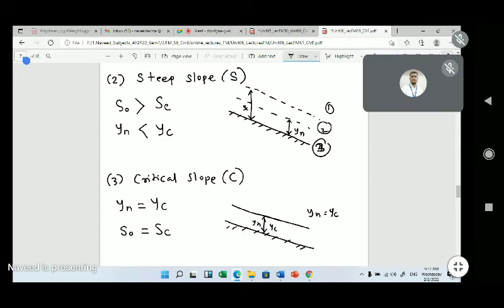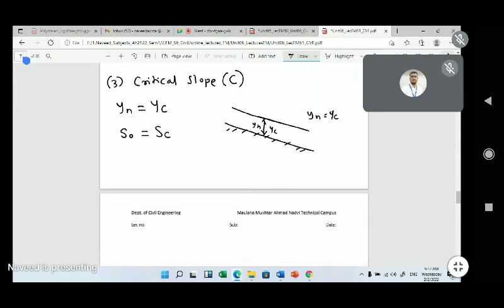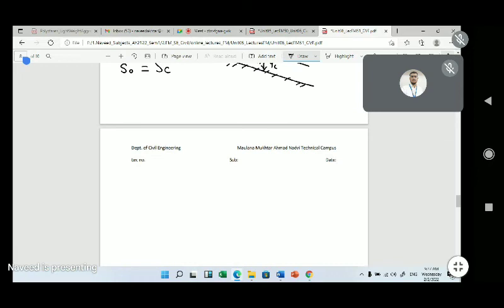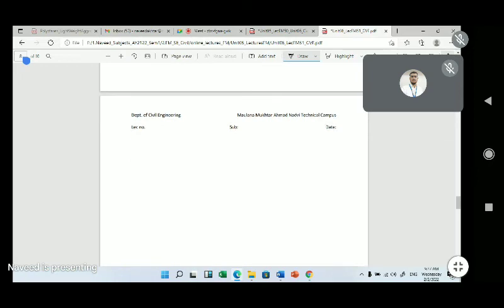The fourth case is if the bed is horizontal.